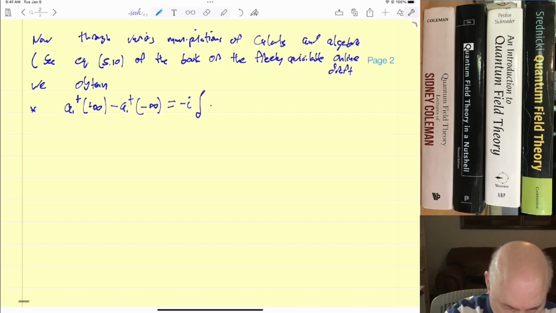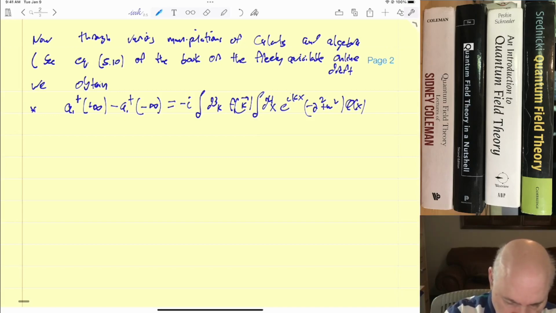Minus i, the integral d3k of f1(k), the integral d4x e to the ikx, minus the partial squared plus m squared phi of x.